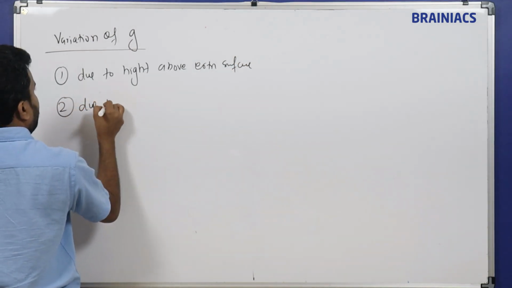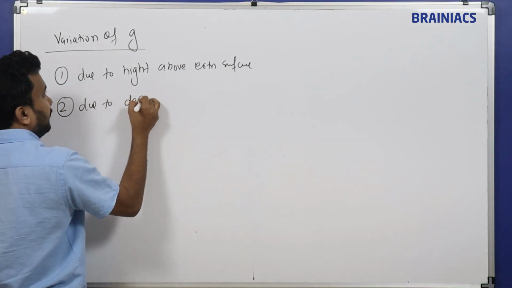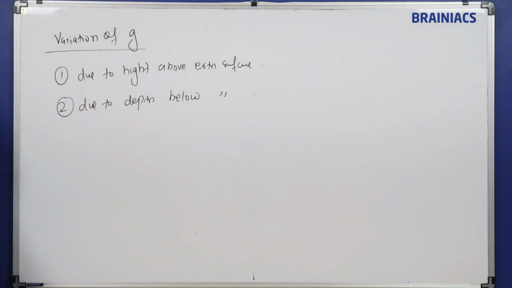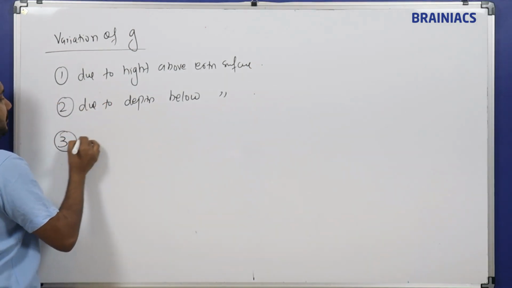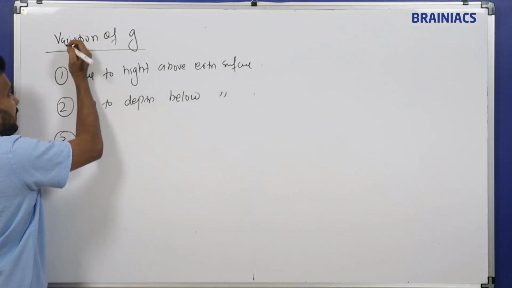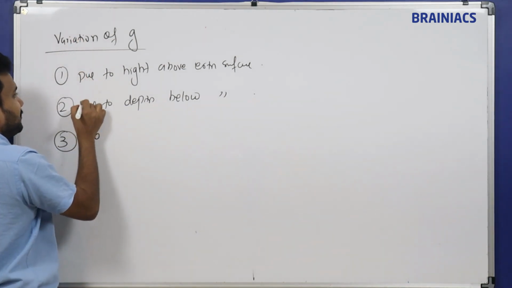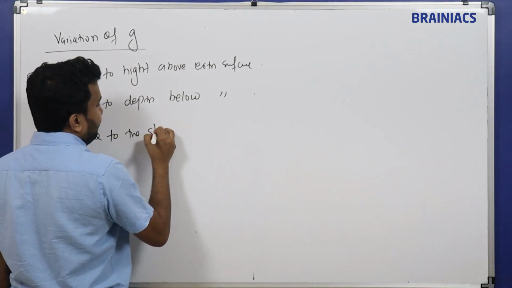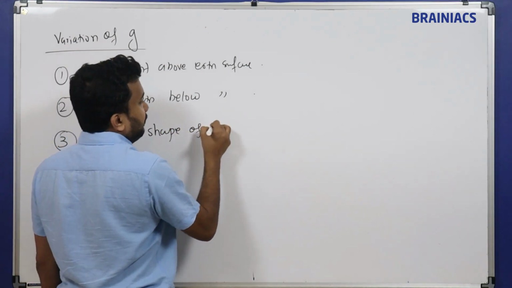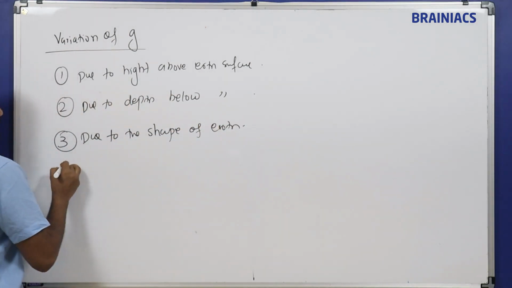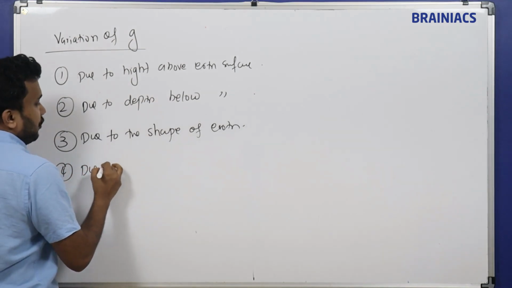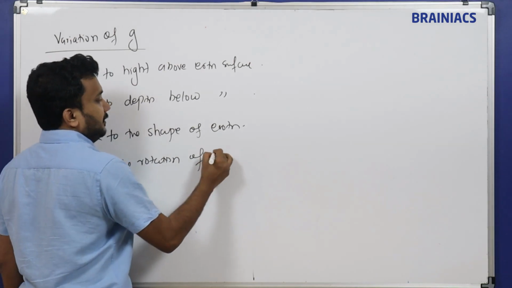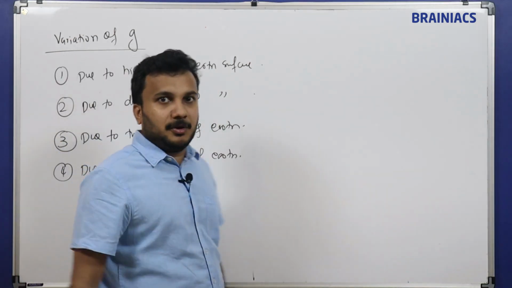Second, due to depth below earth surface. Third, due to shape of Earth. D has to be written capital, that is the standard English structure, so we will follow that. Finally, due to rotation of Earth. So we have 4 points.